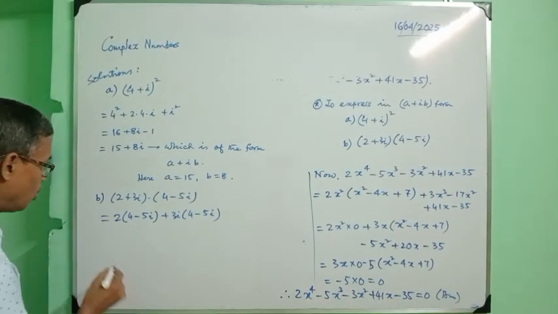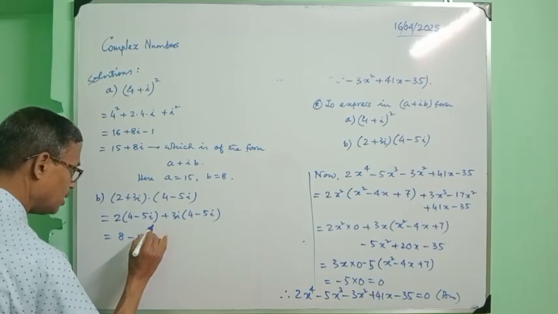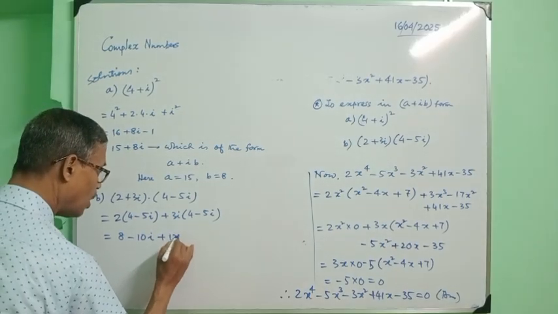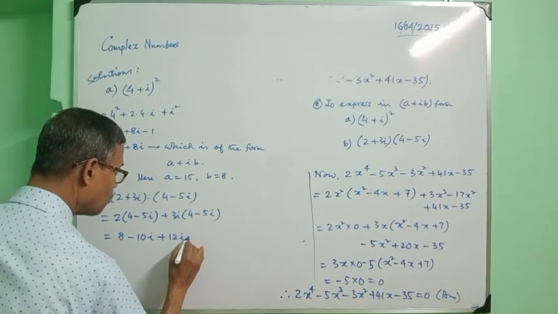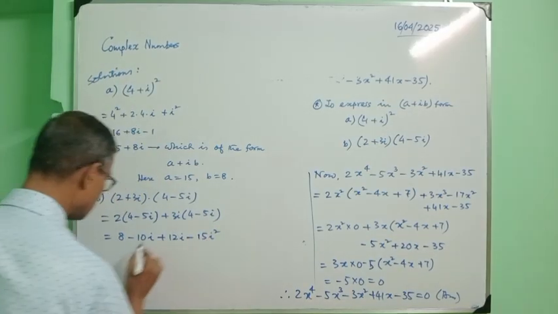Use distributive law: 8 minus 10i plus 12i minus 15i square.